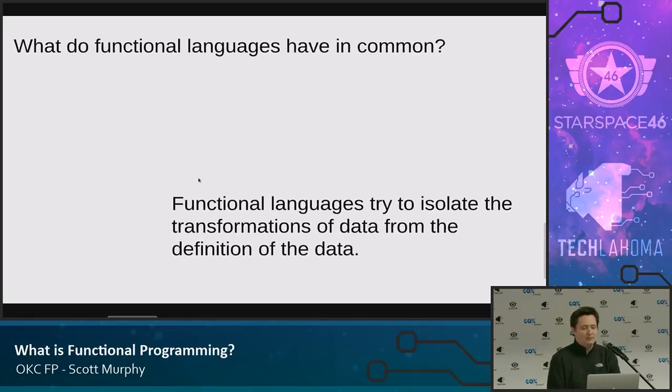All right, so first, what do functional programming languages have in common? So I would say even above mapping inputs to outputs, the idea that functional programming languages really have in common is separating the transforms of data from the data itself. Compare that to an object-oriented approach where you're defining a class, and then that class is going to have methods.